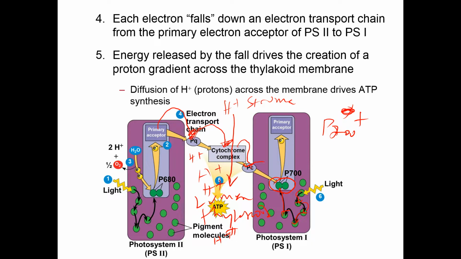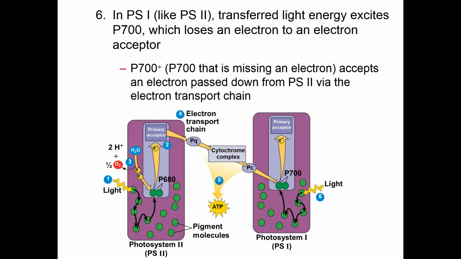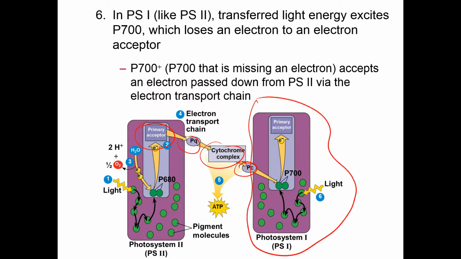So these electrons have to be donated from photosystem 2 to photosystem 1. So here you have the transfer of electrons from photosystem 2 to photosystem 1 to replace those that are lost.